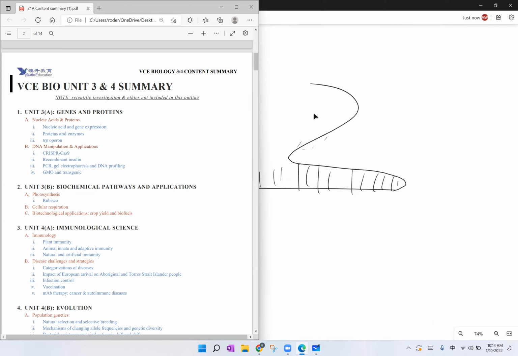Enzymes lower the activation energy of a particular biochemical reaction. Just make the reaction faster and easier. If you don't do chemistry, just remember that. If you do chemistry, it lowers the activation energy of a particular chemical reaction. In biology, it's a biochemical reaction. That's the only difference.